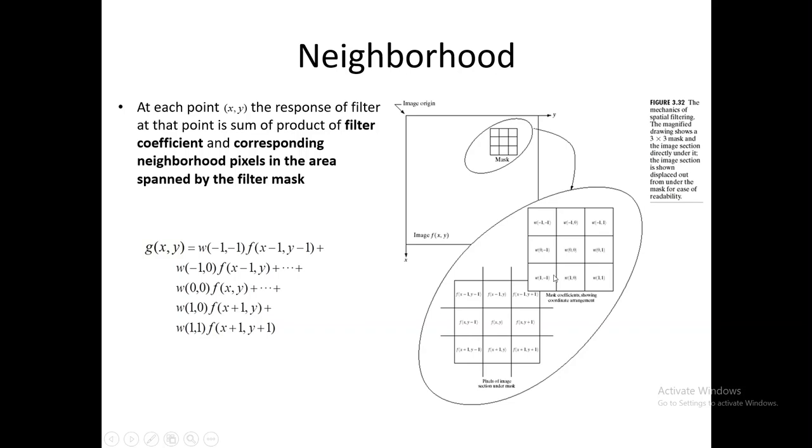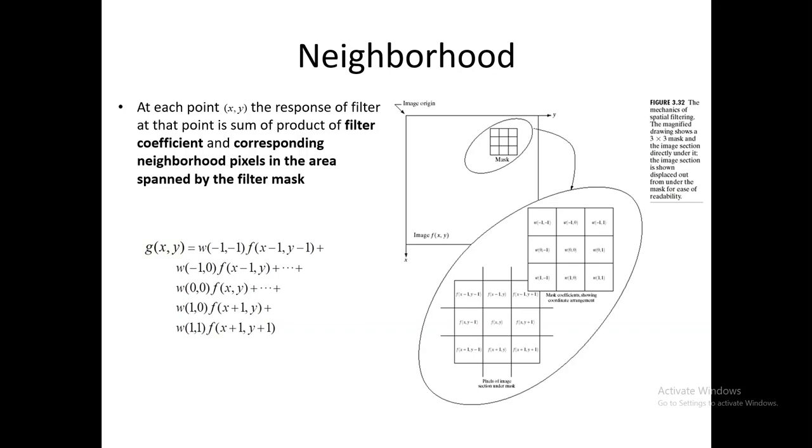In this way all the pixels from the neighborhood are multiplied with the filter coefficients and we get the sum of products. Here g(x,y) is the response of the filter. So in this way we get the filter response, or the filtered pixel.